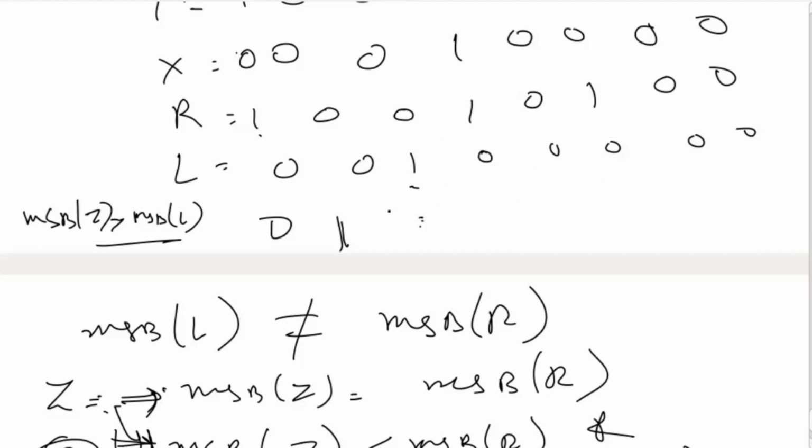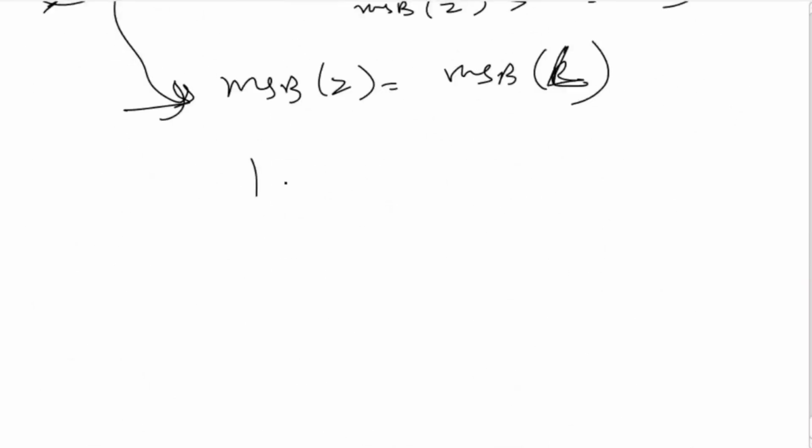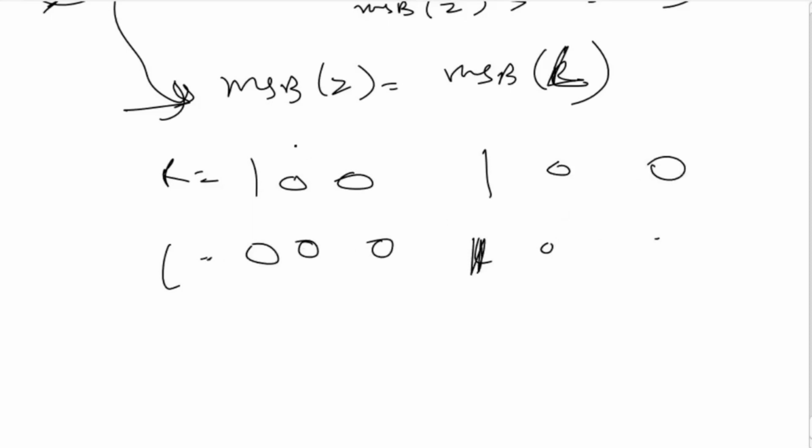Now you might say, suppose R is like this and L is like this, so you can choose MSB to be this, or you can choose MSB to be this. We don't need to worry about that. We'll simply take OR of X and Y from this bit to the end.